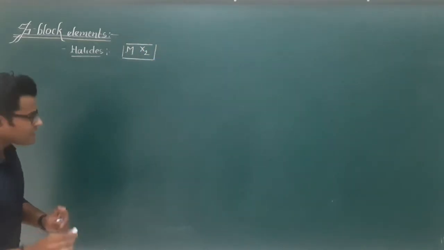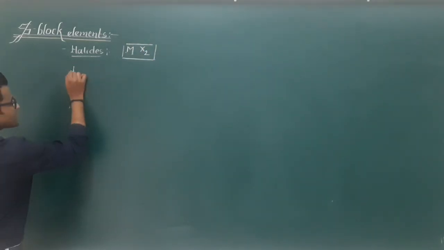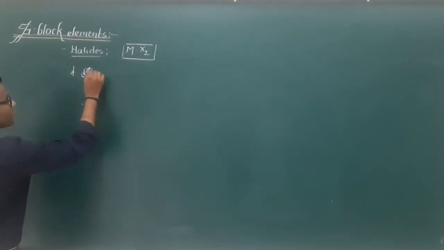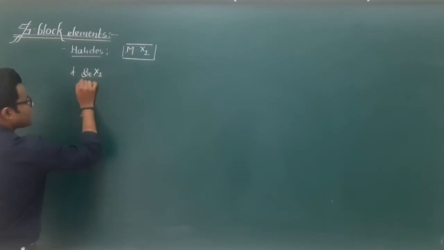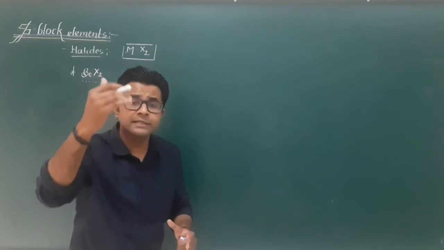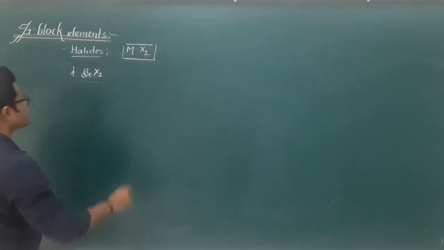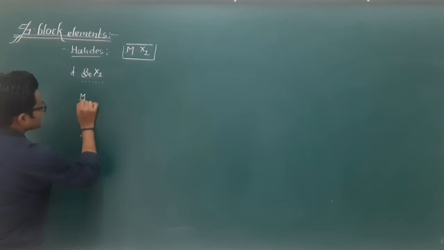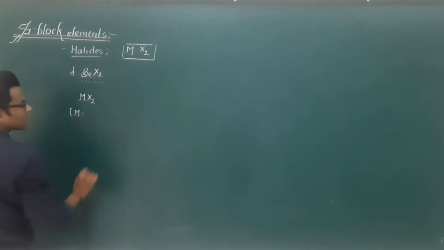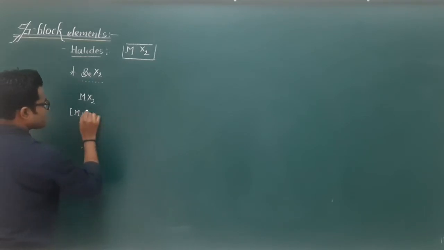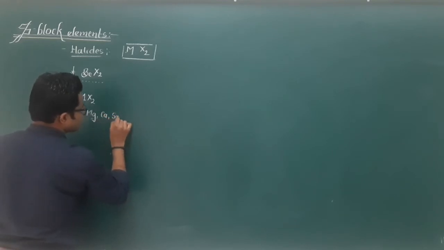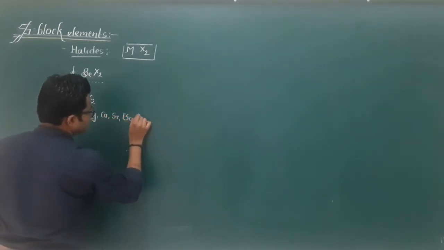The first case is that when beryllium combines with halogens to give beryllium halide, it is again an exception when compared to the other elements of the series. The other elements of the series, MX2, wherein M represents magnesium, calcium, strontium, and of course beryllium.